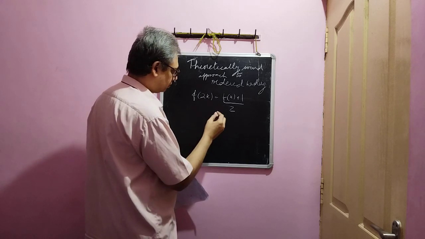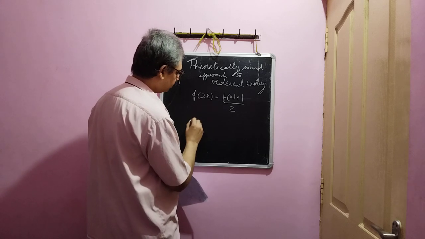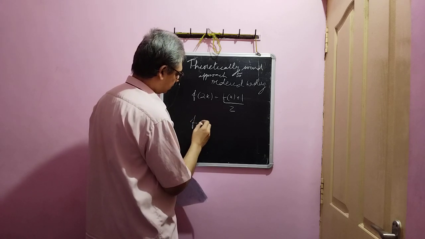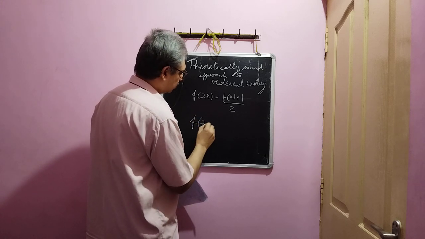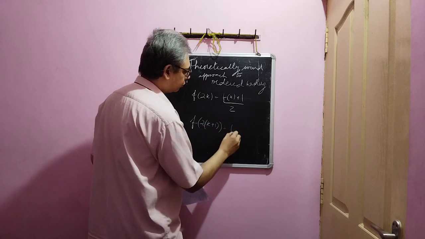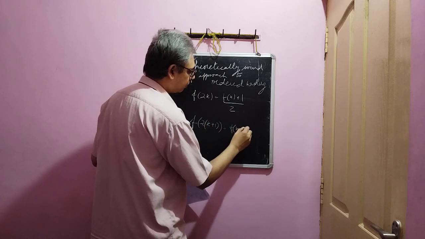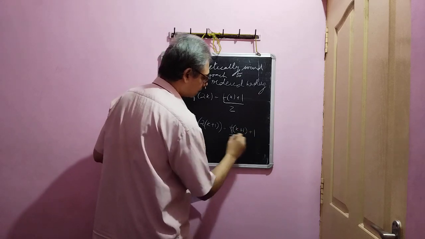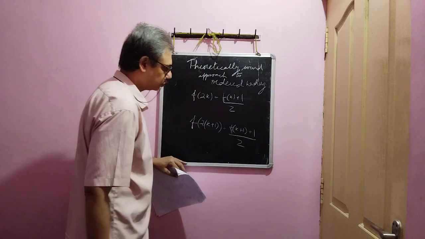So this means f of 2 times k plus 1 will be equal to f of k plus 1 plus 1 by 2.